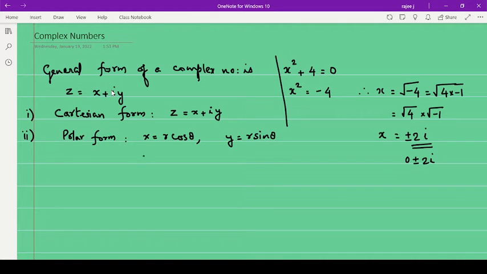Therefore z is equal to r cos theta plus i into r sin theta, that is equal to r into cos theta plus i sin theta. This is the polar form, means where sin and cos are there, that is a polar form.